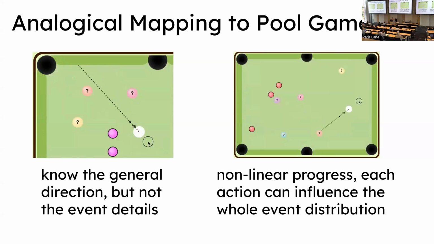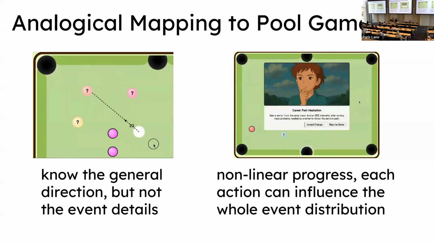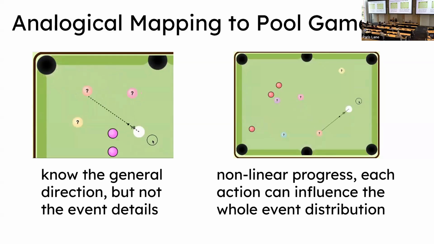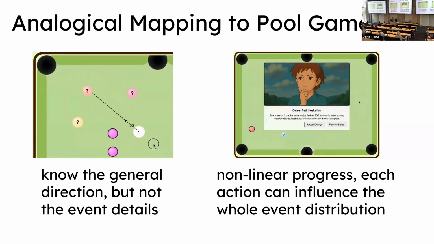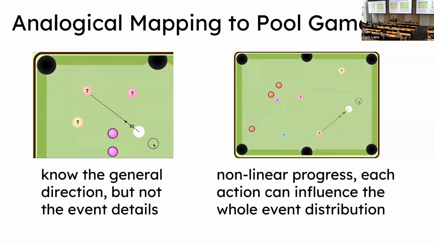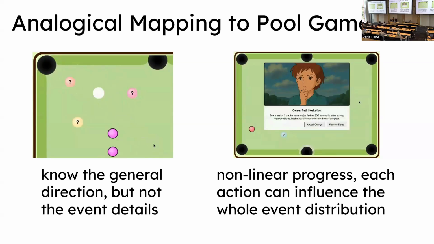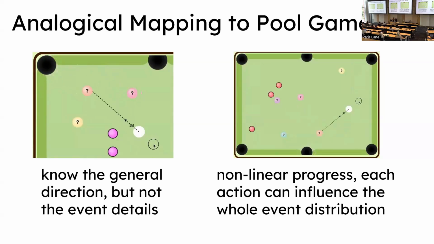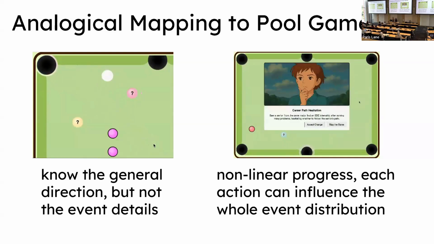For example, we want to be a software developer or we want to be a UX researcher, but we don't know the actual details of the position. What's maybe the job responsibilities until we really take that job. So it's kind of like pool. So we know the direction to knock the ball, but we don't know the details of that.